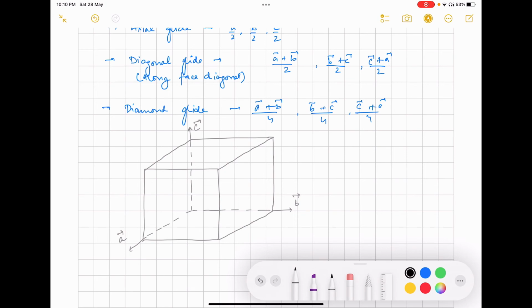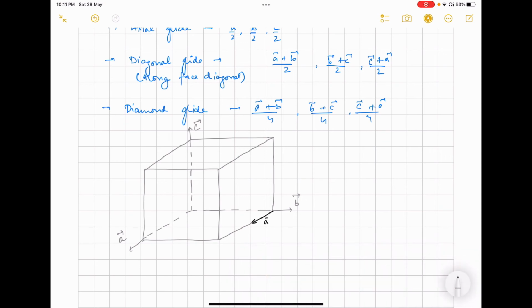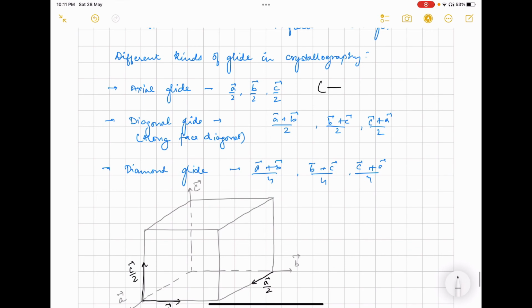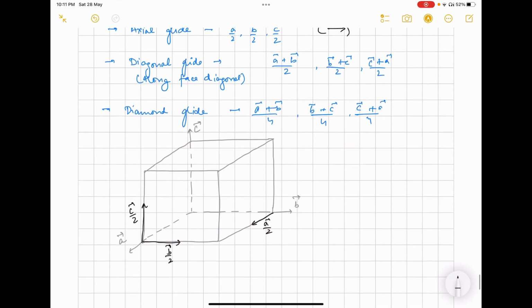So let us first mark the axial glides. So axial glides are, if you see, this is A vector by 2, this can be B vector by 2, and this can be C vector by 2. So this is represented by the arrows.